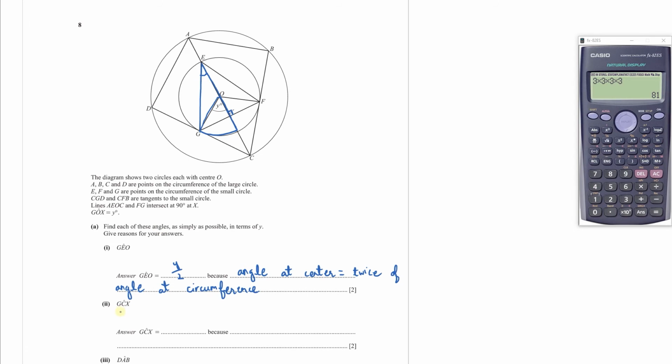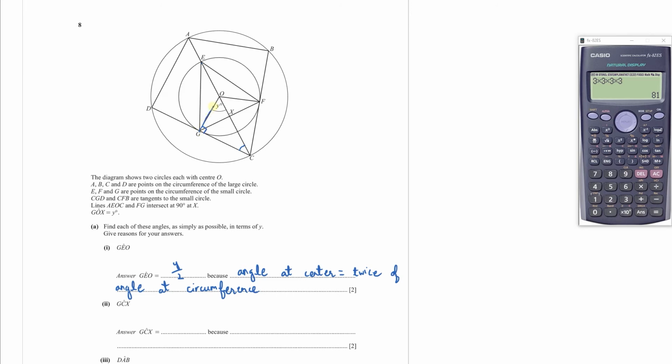The next one is GCX. So let me erase this. GCX is this angle here. We know that this line is a tangent to the inner circle, and OG is the radius, so this angle here is 90 degrees.